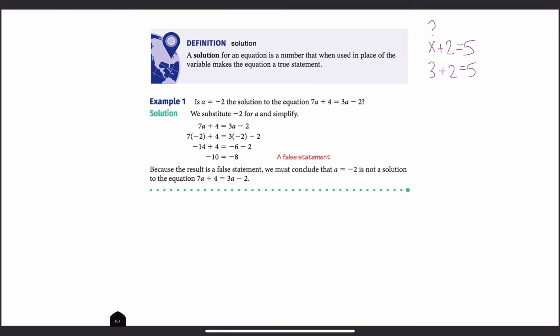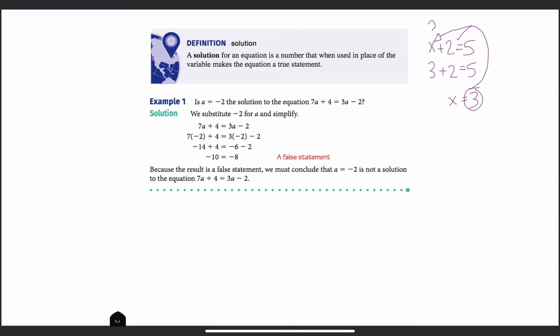So what we suggest is that 3 is a solution to the equation, because if I take this 3 and I plug it in for my variable, it makes a true statement.